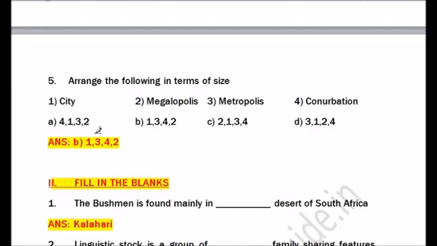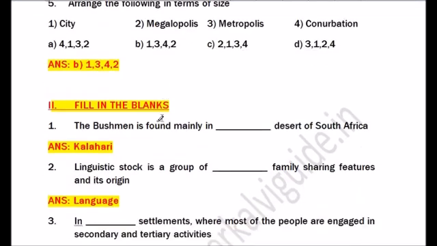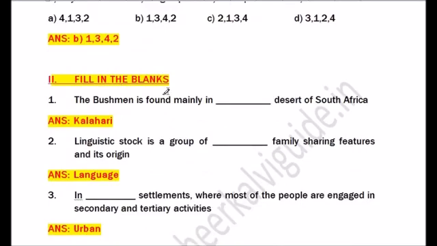Option A 4132, option B 1342, option C 2134 and option D 3124. The answer is option B 1342. City, metropolis, conurbation and megalopolis.